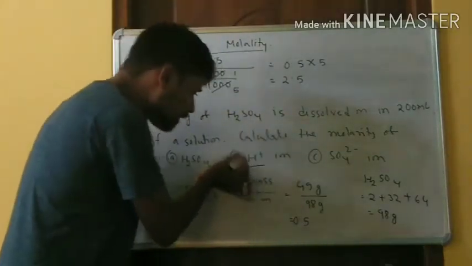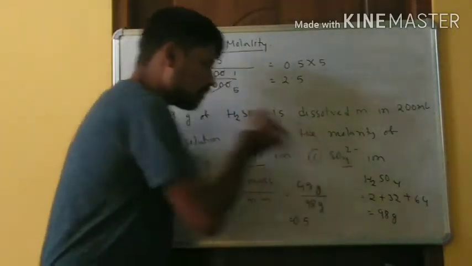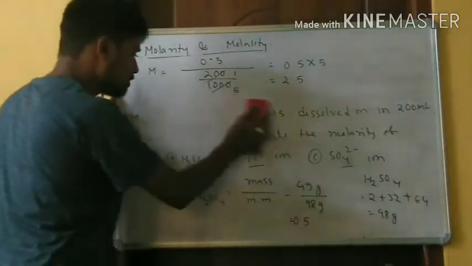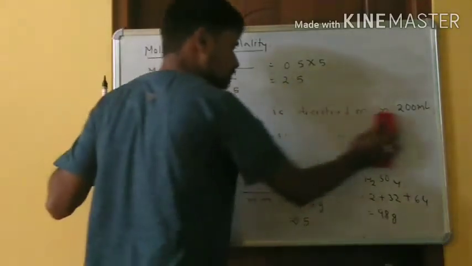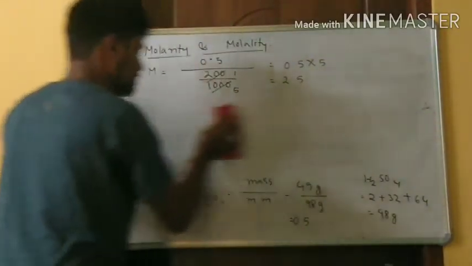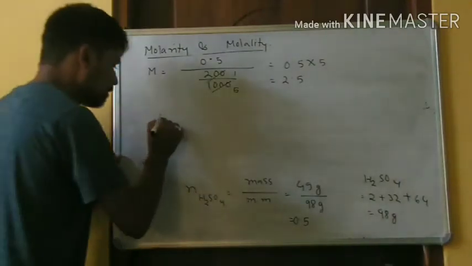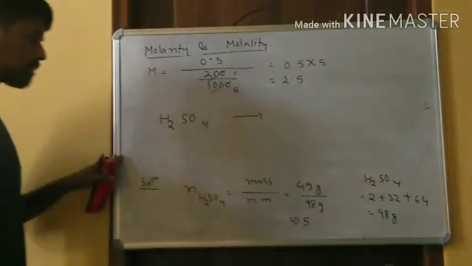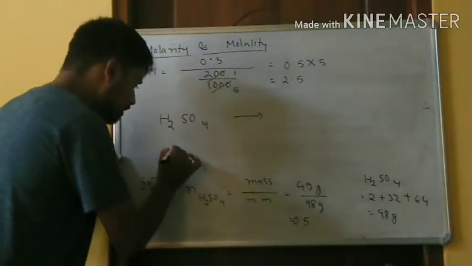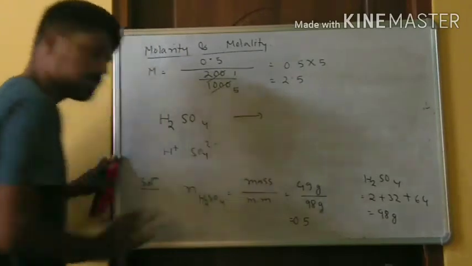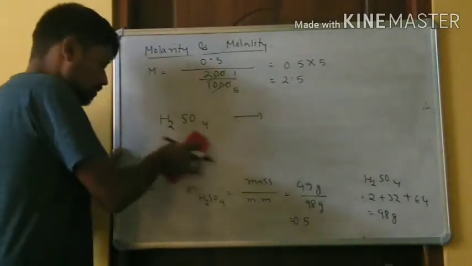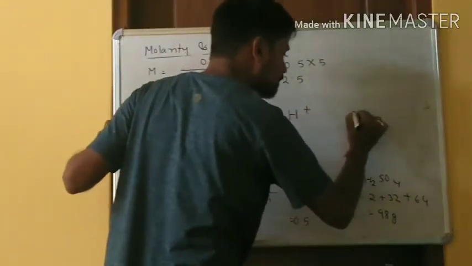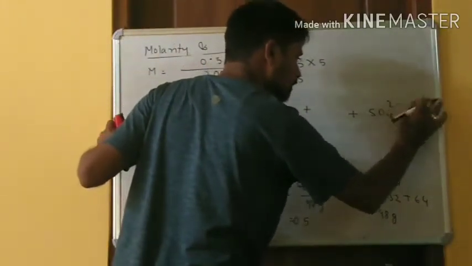Now we have to identify the molarity of H+ and SO4 2- ions. For this, we have to see the dissociation of H2SO4, so we write the equation. In H2SO4, there are 2 types of ions: one is the H+ ion and the other is the SO4 2- ion.